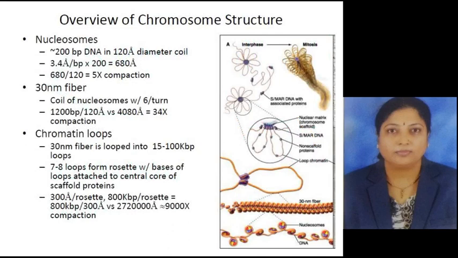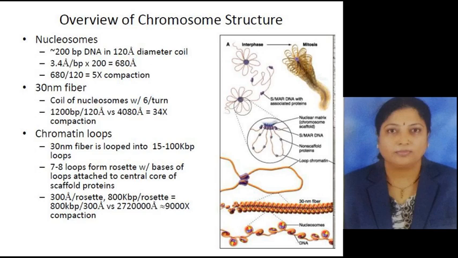Here is the overview of the chromosome structure, as it consists of the nucleosomes, 30 nanometer fiber, and chromatin loop. The nucleosome is the fundamental subunit of chromatin. As you know, a single nucleosome consists of about 200 base pairs of DNA wrapped around a core of histone proteins. Multiple nucleosomes wrap into a 30 nanometer fiber in heterochromatin. Higher-level DNA supercoiling of the 30 nanometer fiber produces the metaphase chromosome during mitosis and meiosis.